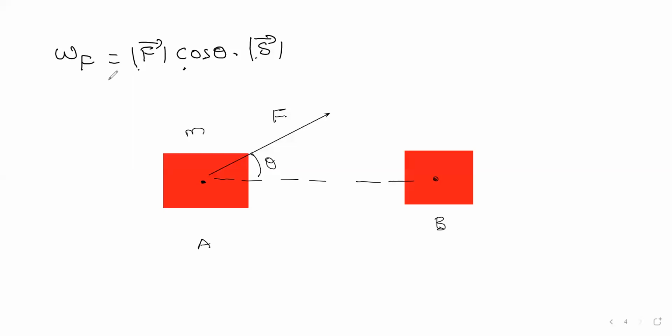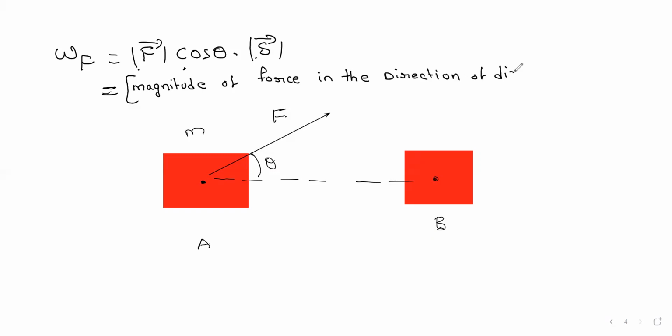So this can be written as F cos theta, force in the direction of displacement, into magnitude of displacement.